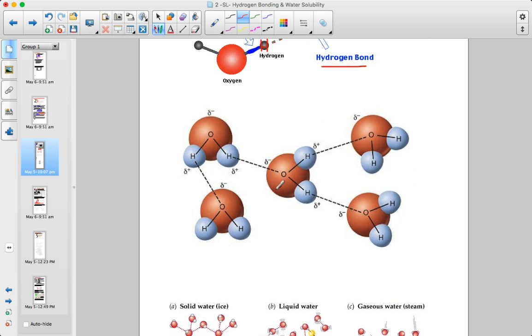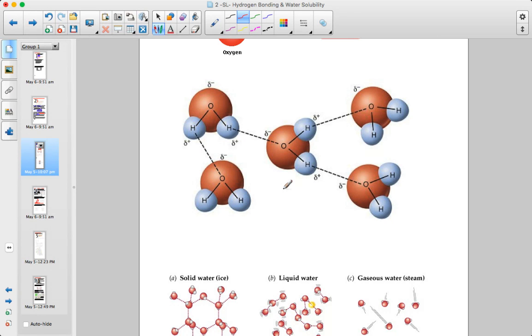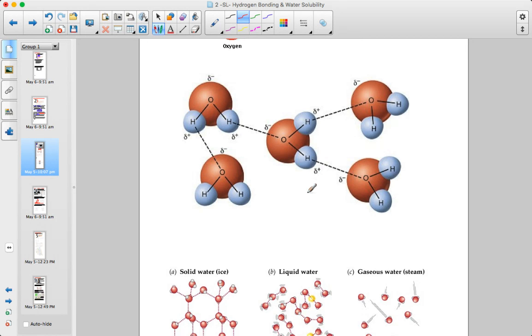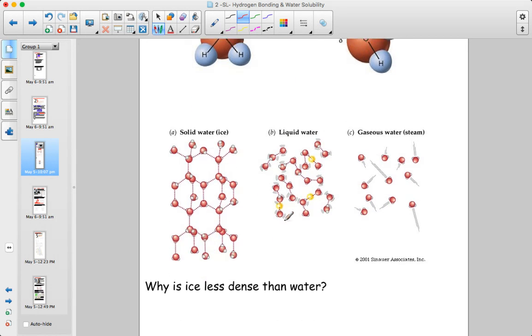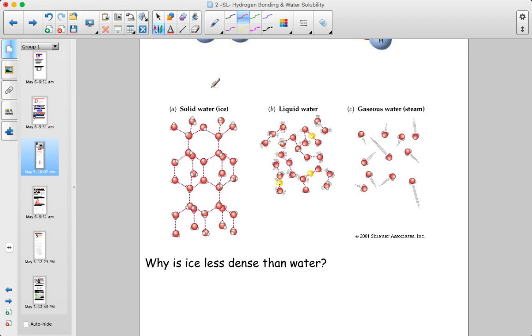Okay, there can be more than one hydrogen bond per molecule, which is why I included this to show water. Every water actually has two lone pairs on the oxygen and two hydrogen atoms off of the oxygen. Each water can form a maximum of 4 hydrogen bonds. And so that's actually what you have in solid ice.